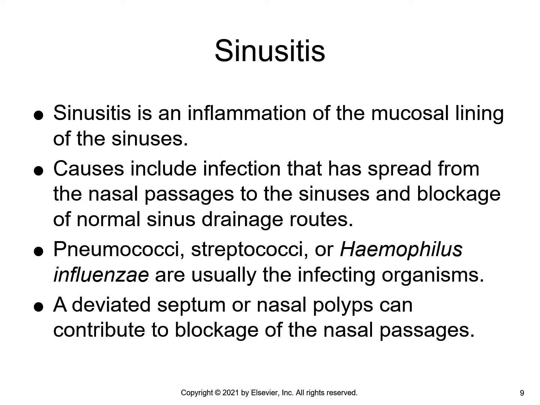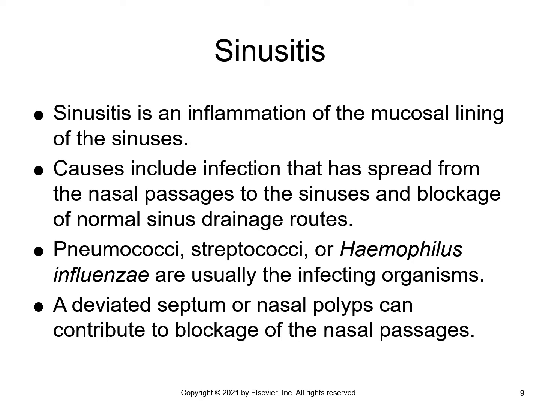The nasal passages can be blocked by a deviated septum, which may occur congenitally, by injury to the nose, or even nasal polyps. Polyps may occur from repeated inflammation of the nasal mucosa, and these are tissue growths that obstruct an airway.